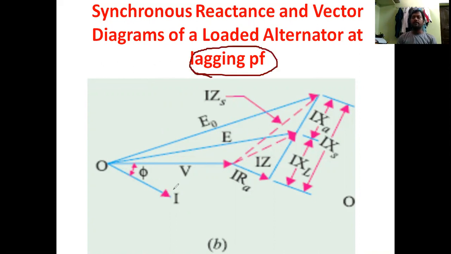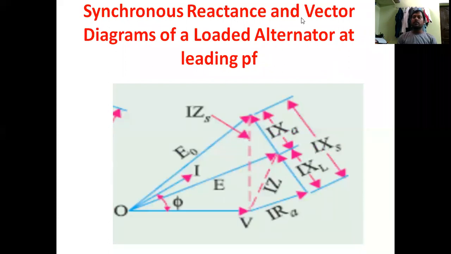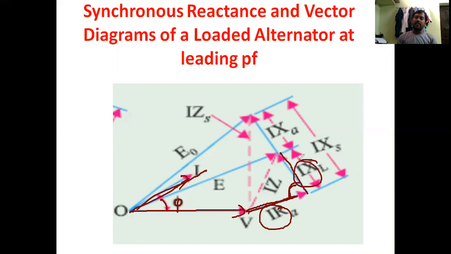This is the vector diagram for the lagging power factor load. The only difference is that current I lags by some angle theta. The next one is the leading load, which is similar to the previous one. This is voltage V and current I, and I leads by some angle theta. The IARA drop is parallel with the I, then exactly 90 degrees IA XL, and in addition IA XA.